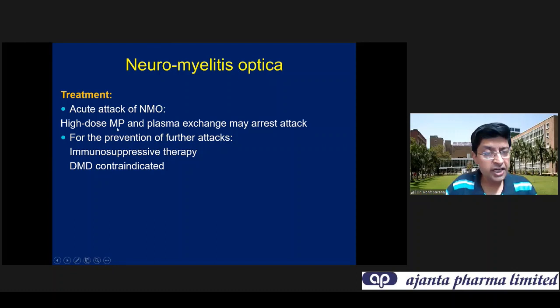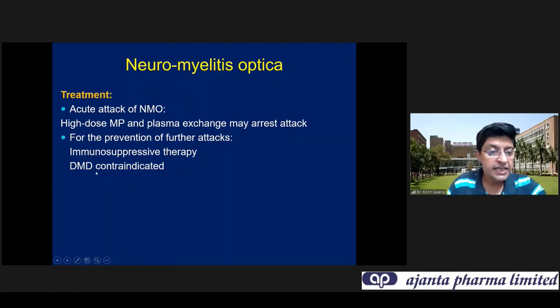In patients who do not improve adequately with high-dose methylprednisolone and you are suspecting NMO, or the NMO test comes positive, or the MRI is highly suggestive of NMO, you may even require a plasma exchange to actually stop the attack and further visual loss. For the prevention of further attacks, you require immunosuppressive therapies.